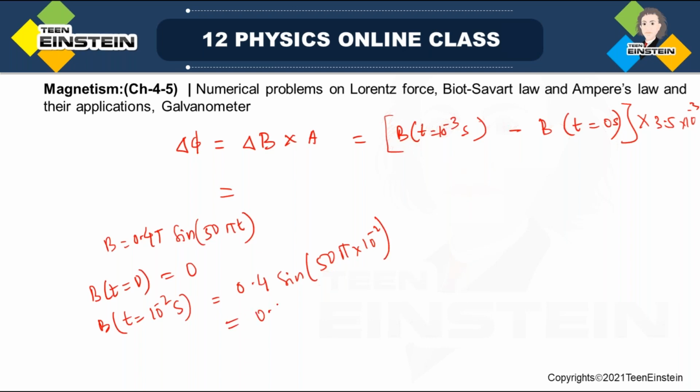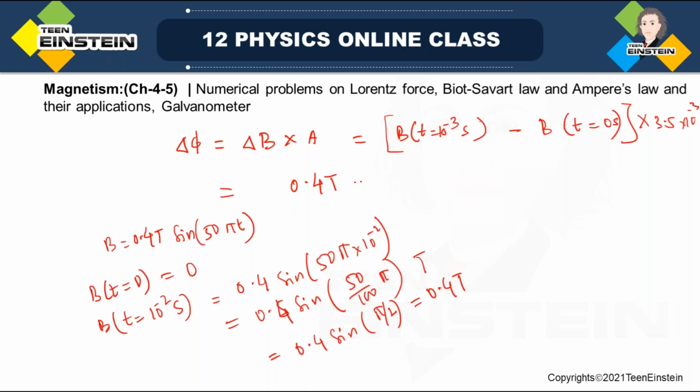So that would give you 0.4 sine of pi by 2, which gives 0.4 Tesla. So you have 0.4 Tesla minus 0 Tesla, which gives 0.4 Tesla. So you have already got d phi.